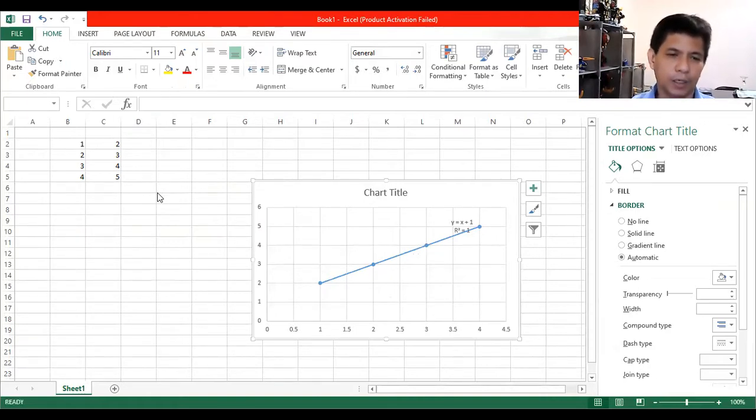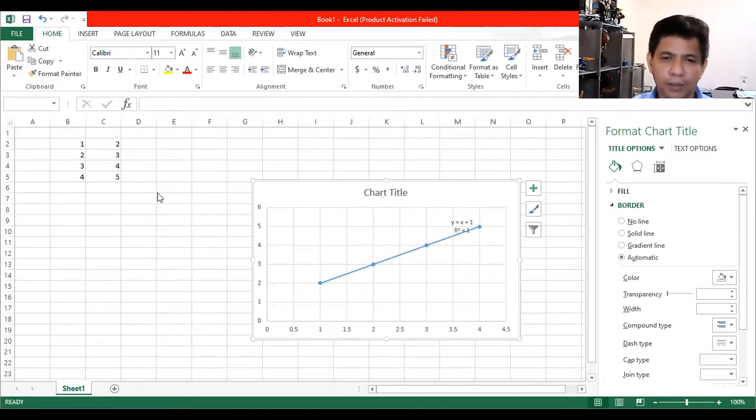Tapos, you have the volumes. Halimbawa, your volume is 2, 3, 4, 6. Okay. So, all you need to do is you click insert.